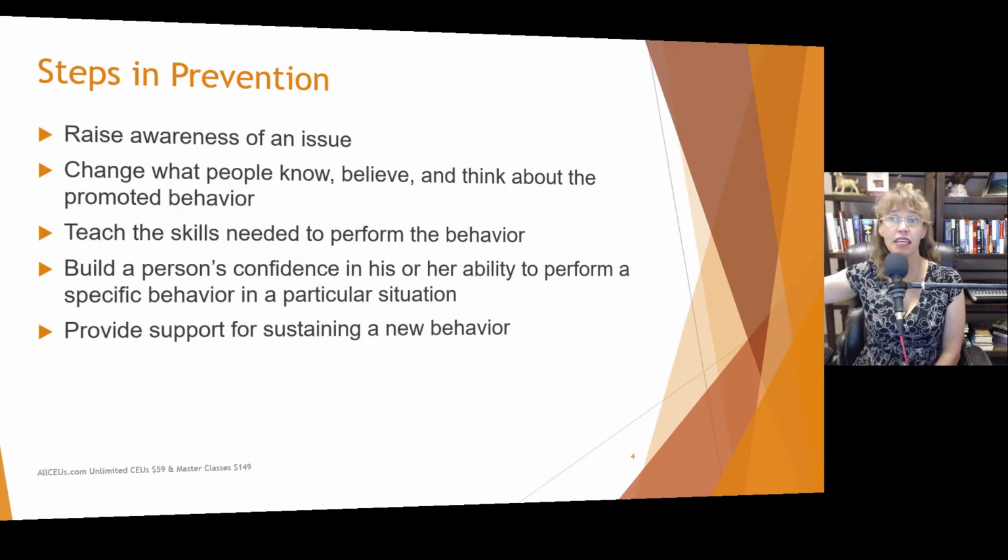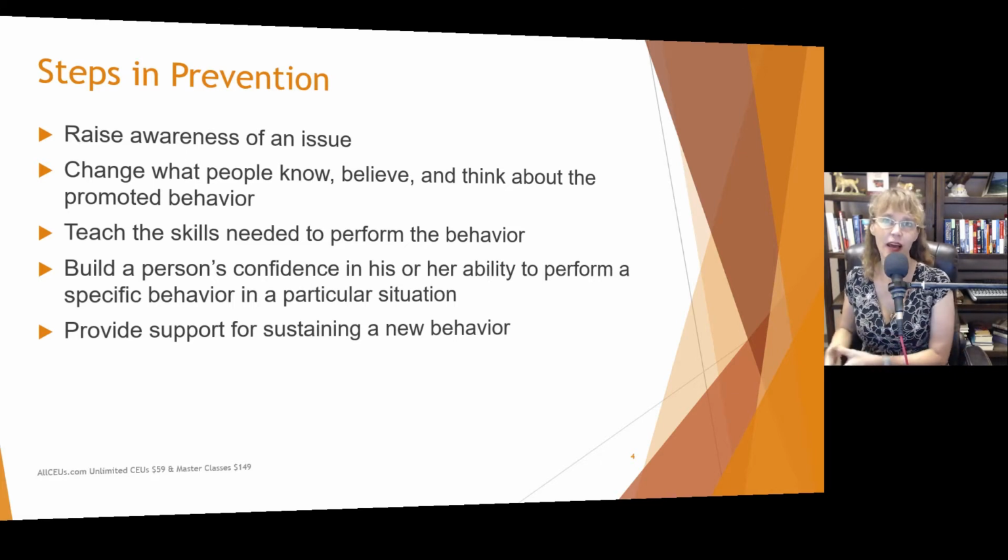Change what people know, believe, and think about opioid use, and then teach the skills needed to address depression and anxiety other than self-medicating with opioids. Build people's confidence in their ability to use those skills to address their anxiety or their depression, and then provide support for sustaining this new behavior.